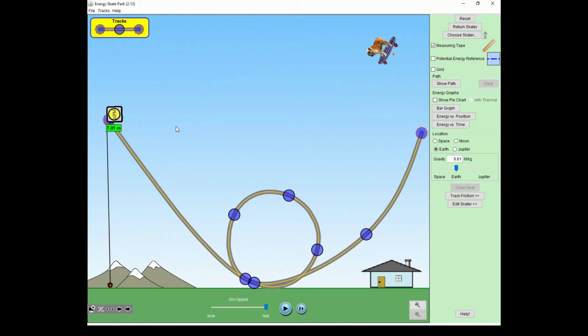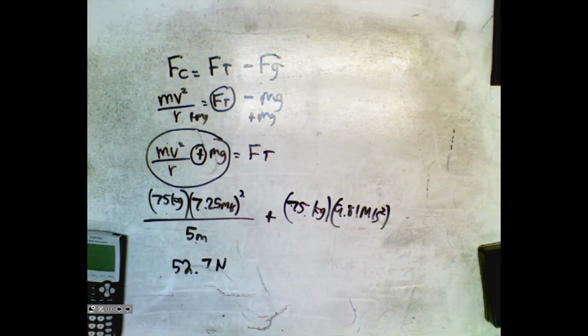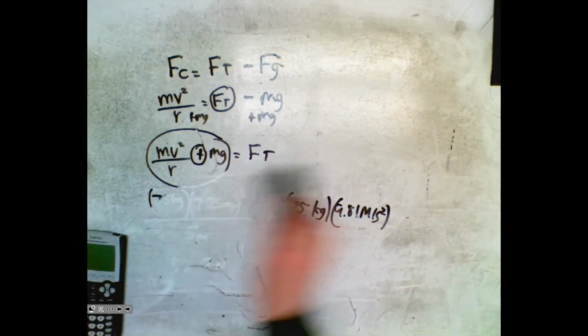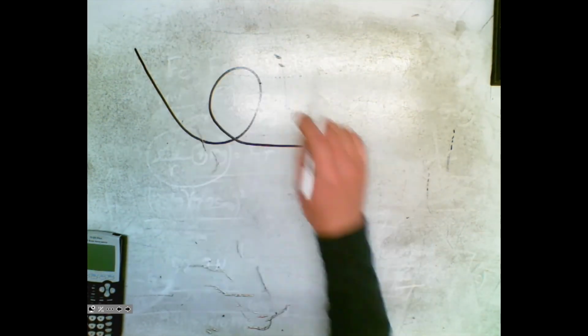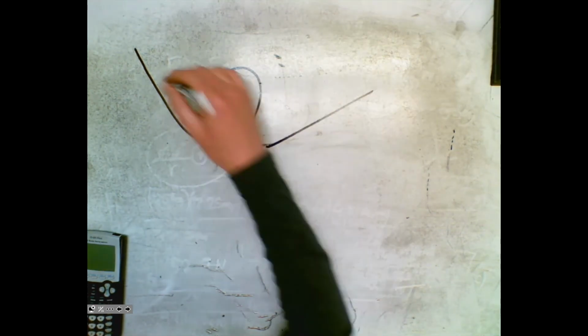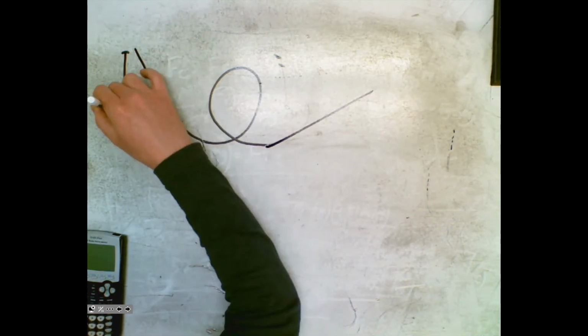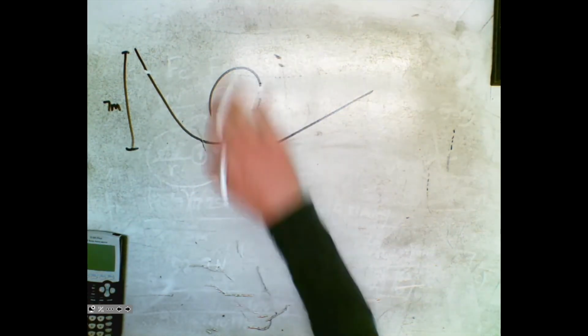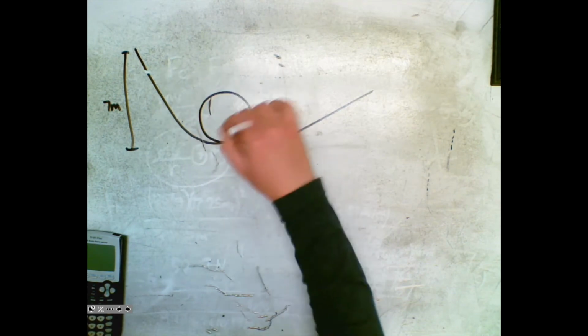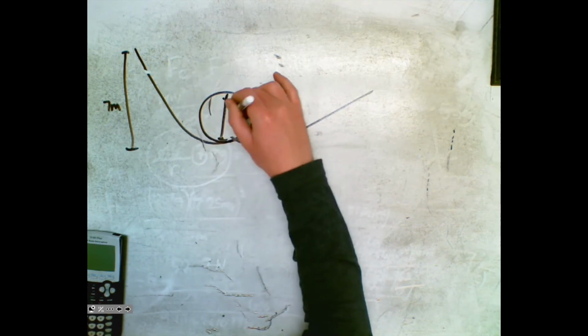Okay, so let's take a look at this equation here. This is my loop. I guess it goes up again. This is 7 meters, and this is, let me draw this a little bit better, 4 meters, and this is our bulldog up here.